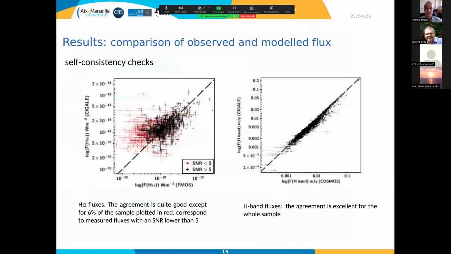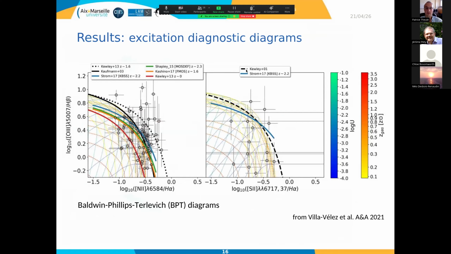If we do that, we can compare observation and modeling, and we can see that for both the photometry and the spectroscopy, we can reproduce the observations pretty well. And if we use the standard BPT diagram with our catalog of observations, we can see that we can cover all the observations which are in the galaxy region.